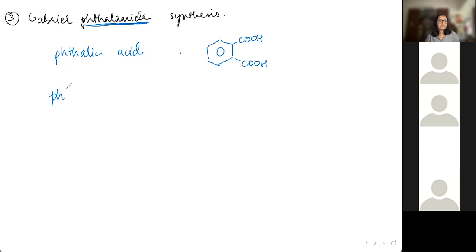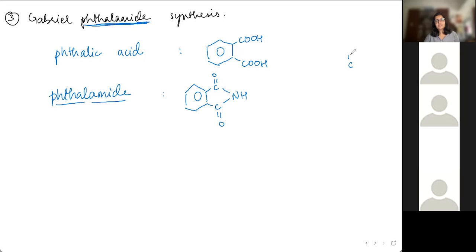So phthalimide looks like this. Phthalimide is an amide derived from phthalic acid. So for the structure, start off with the phthalic acid structure, C double bond O. Then instead of OH, you have NH.